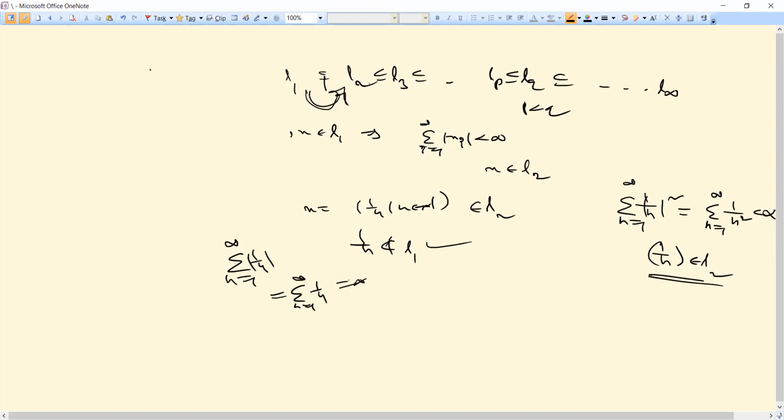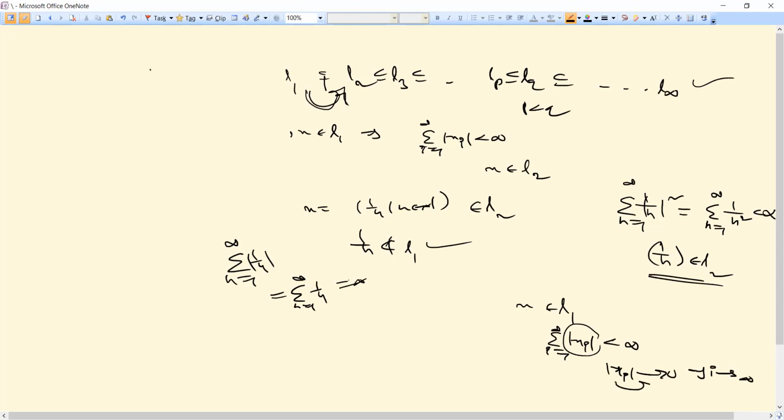Therefore L1 is a subset of L2, L2 is a subset of L3, L3 is a subset of Lp, Lp is a subset of Lq, and Lq is always a subset of L infinity. Take any x in L1: the summation of xi is finite, so it is a convergent series and the nth term tends to 0 as n tends to infinity.